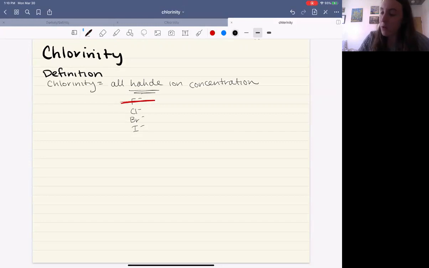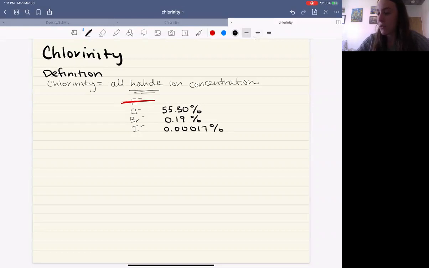Now, one thing to note is that these occur in different concentrations in seawater. So as a proportion of the salinity, the total ion concentration in seawater, chloride ions make up 55.30% of that, whereas bromide, much smaller concentration, 0.19, and iodide, even smaller.